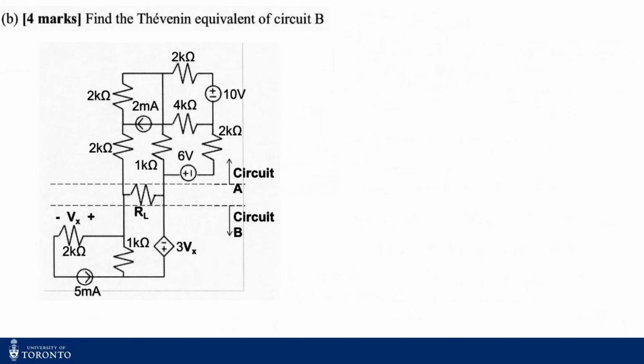Now for part B, you are asked to find the Thevenin equivalent of circuit B. So for the bottom circuit, you assume everything from the bottom circuit and you ignore everything on the top. If I keep my RL open, this is very easy.